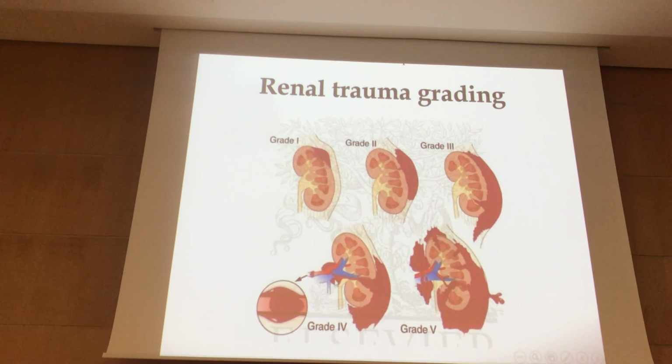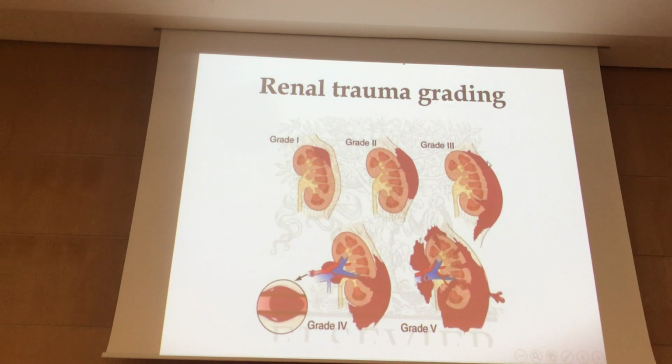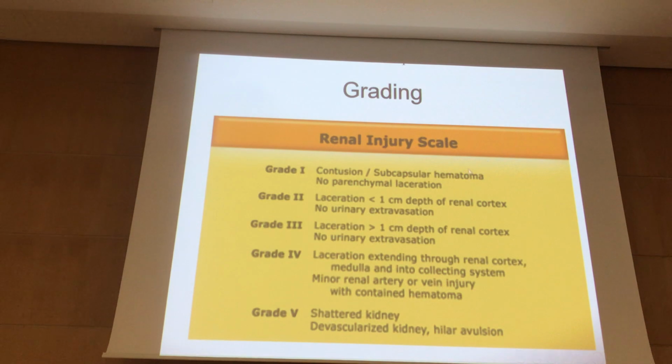These ones are the controversial ones. Just admit them and observe. So remember, grade 1, contusion or subcapsular hematoma; grade 2, laceration of 1 centimeter; grade 3, laceration greater than 1 centimeter, but no extravasation.